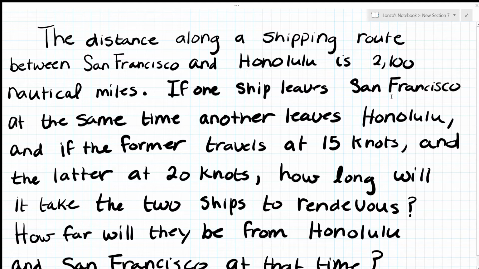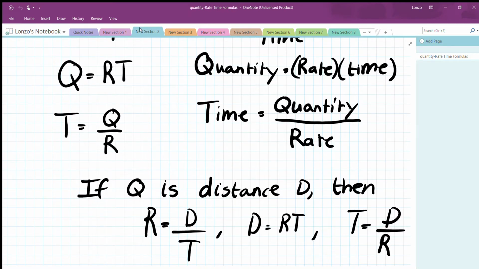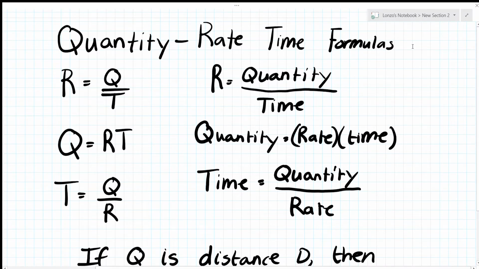Actually, let me show you. You can press pause on this part. This gives us the rate problems. Rate equals Q over T, or quantity over time. Quantity is rate times time. Time is Q over R, or quantity over rate.